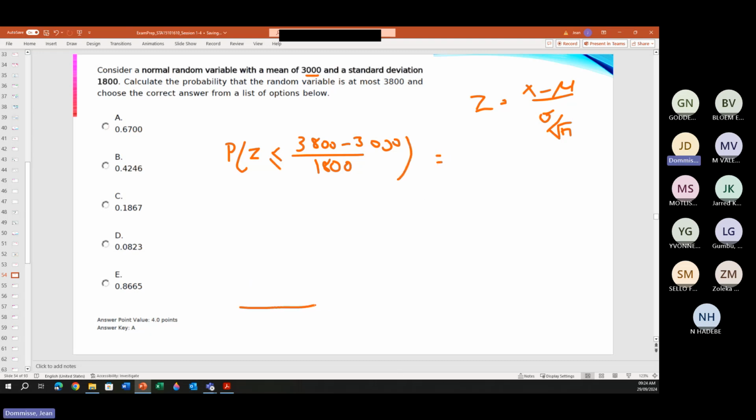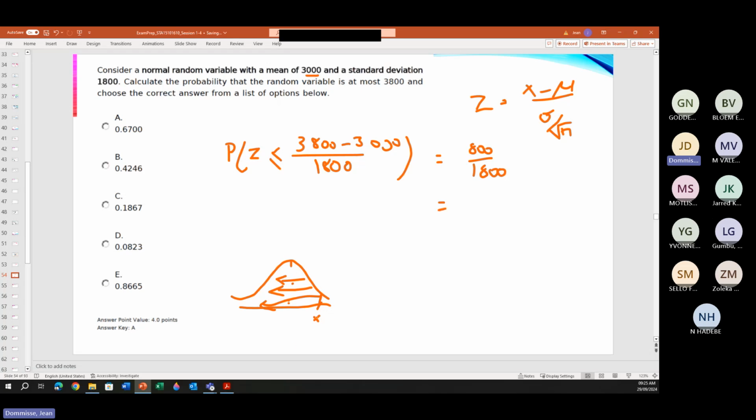So if we are going to draw it, we're going to have a value here, and we will need to see at most everything below it. Okay, so let's first see if it's positive. Yes, it's going to be positive because it's 800 divided by 1800. So it is going to be a positive number.